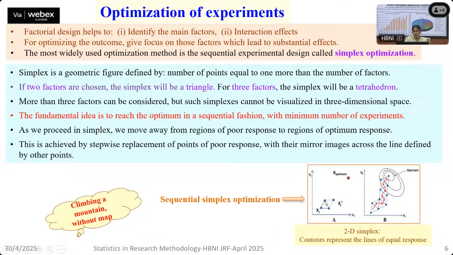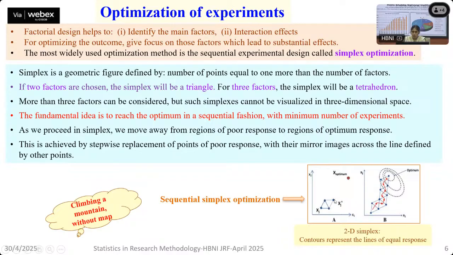And you see, among those, whichever is the lower value, say this, if this is the lower value, you take a mirror image of that value, where the mirror line will be the line joined by the other 2 points. Whichever value is lower, exclude that one, make a line joining the other 2, for the 2 factor simplex optimization.